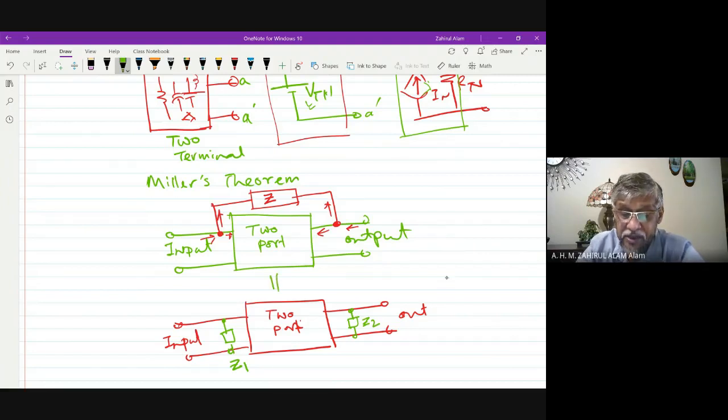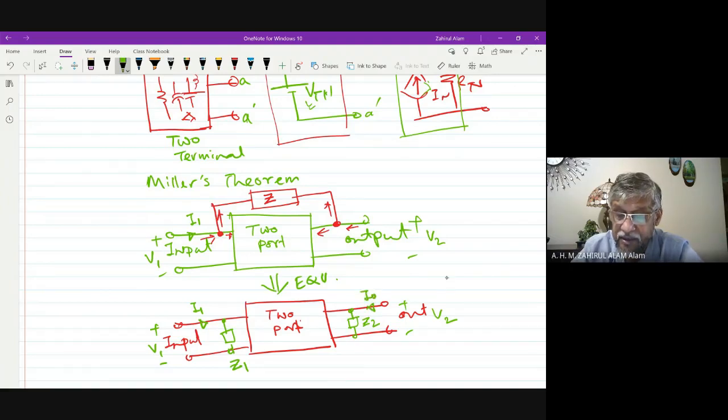These two circuits are equivalent if the voltage V1 equals V1 and the currents are equal, and on the output side also the V2 voltages are equal and the same amount of current goes through both circuits. Then these are two simplified circuits.